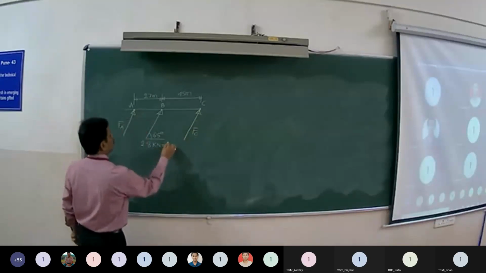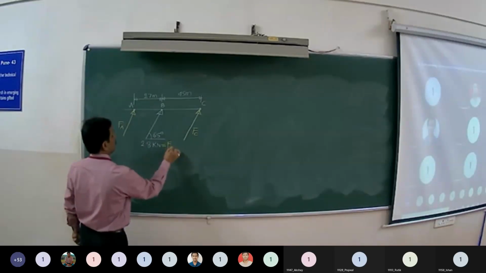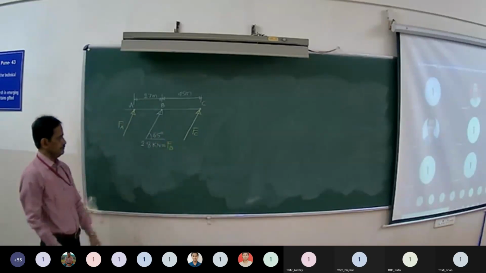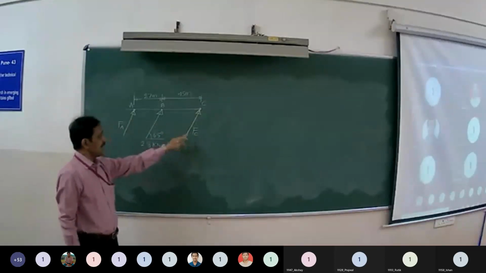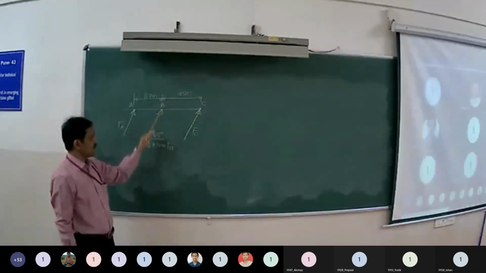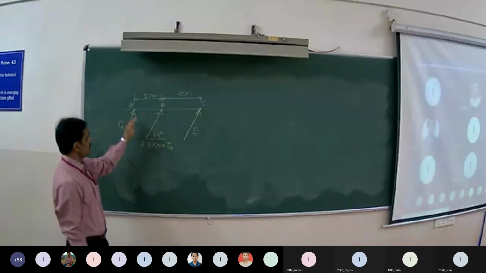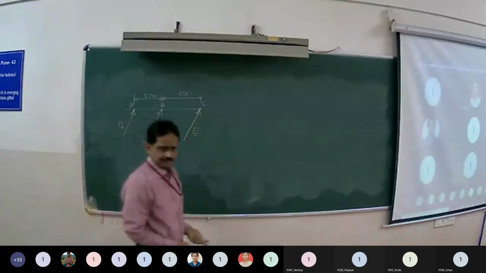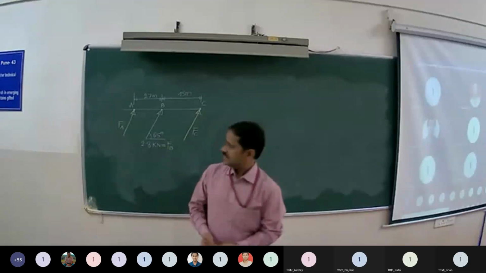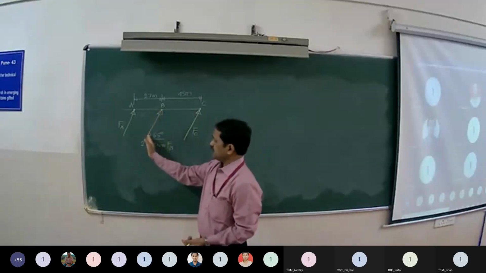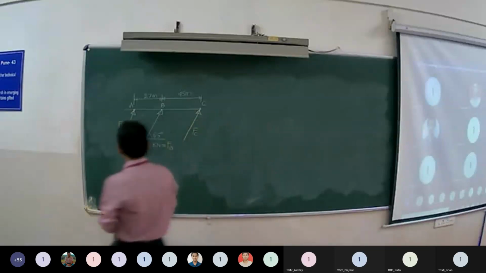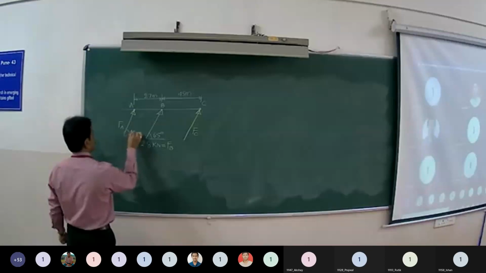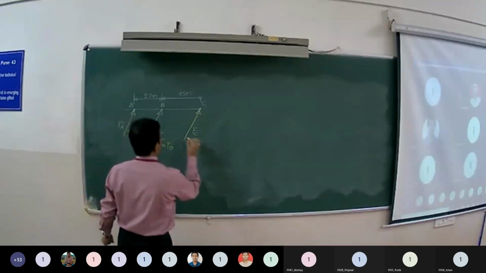Whereas this given force is Fb. Remember, this Fa and Fc are in the same direction of the given force 2.8. Means Fa, Fc are parallel. Right? So I am replacing this 2.8 kN with two parallel forces at A and C. But the direction of those two forces is also 65.